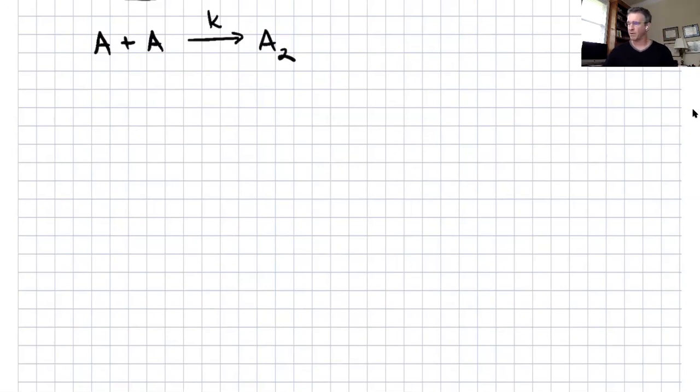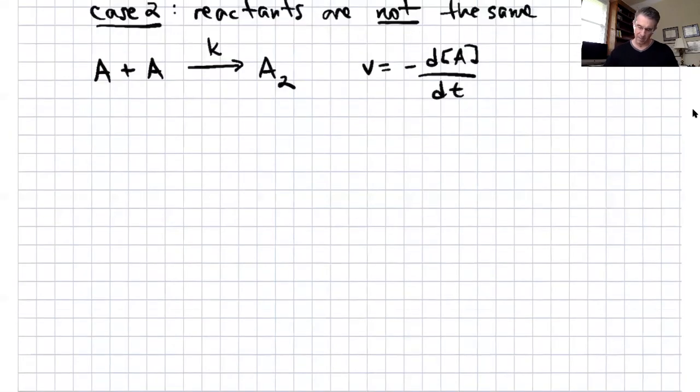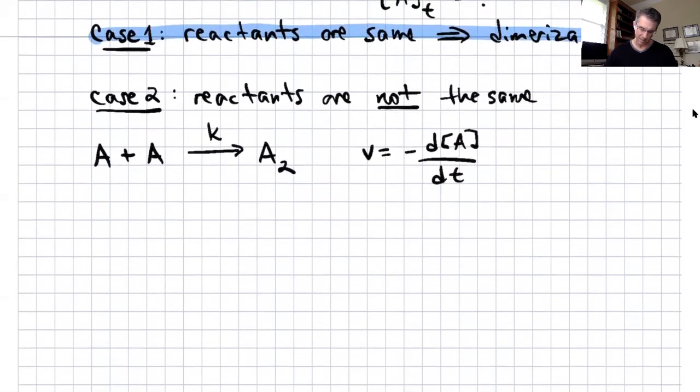So we're thinking about this explicitly as a dimerization reaction. The rate equation for a process like this would, of course, be, as you recall, we're thinking about the velocity, which in this case, we're thinking about A disappearing, so minus the derivative of the concentration of A with respect to time. In this case, it's fairly easy to write that down.